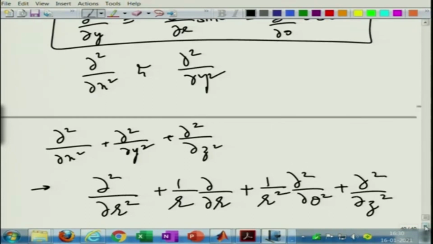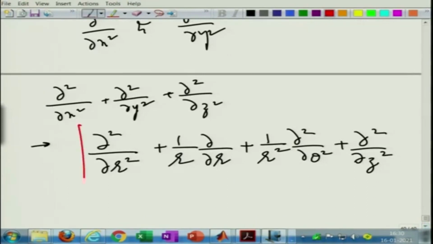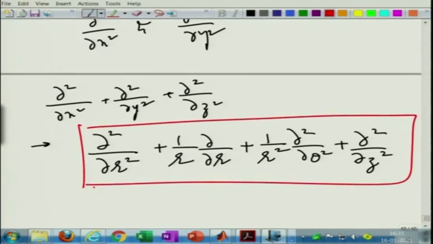So this is your Laplacian in cylindrical polar coordinates.